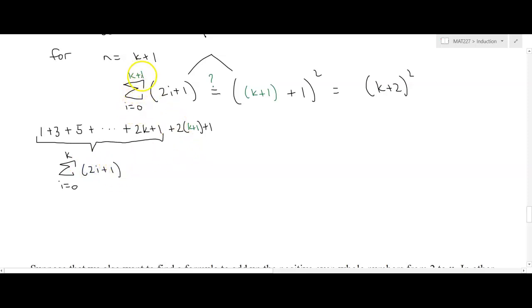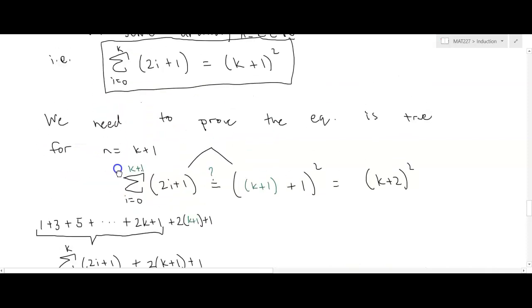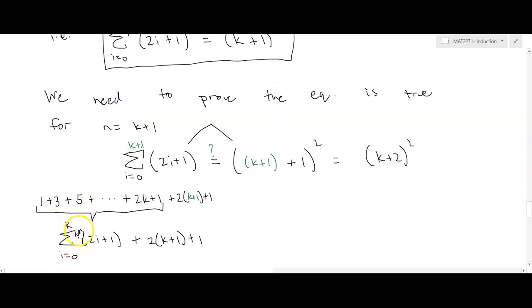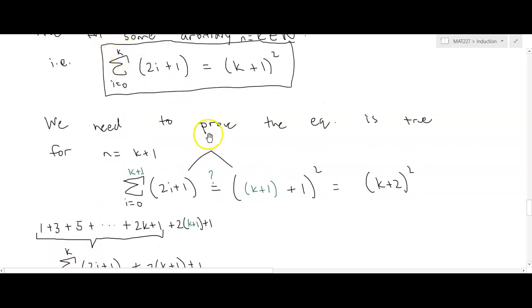And summing to the k plus 1st odd number just means that I can sum the first k odd numbers and then add to that the k plus 1st odd number. So all I've done really is decompose that sum. The reason I did this is because I want to rewrite this sum into what I have up here. We actually see that I have exactly the summation from i equals 0 to k of 2i plus 1 equals k plus 1 squared.